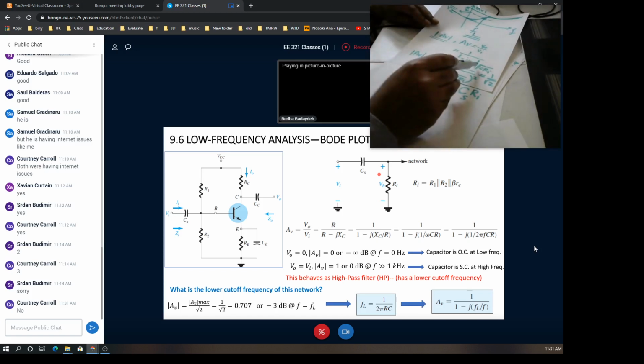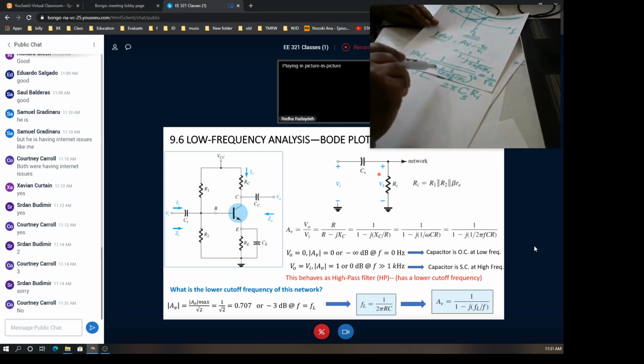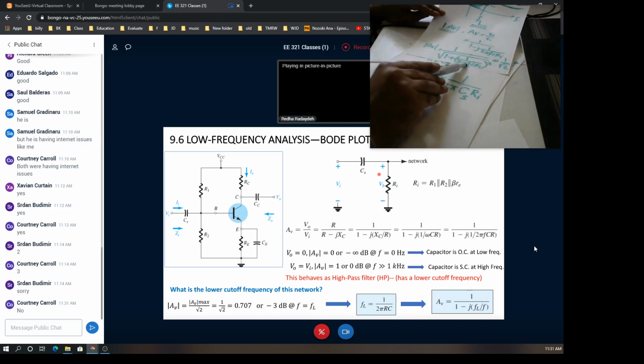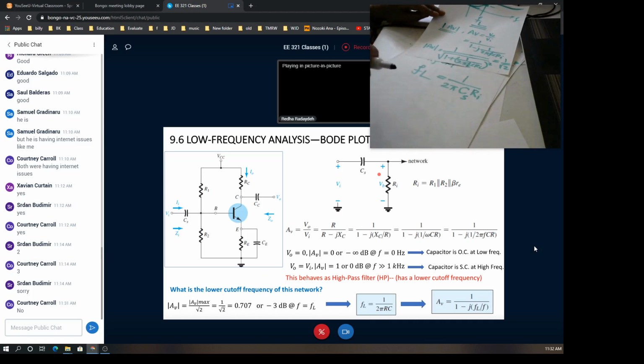Up to here, this is a general value, a general frequency, any F. But when we equate this equation to 1 by square root of 2, the resulting value of F should be exactly the lower cutoff frequency, because we know that at this specific frequency the magnitude of the voltage gain would be 1 by square root of 2. That makes sense. Thank you. Yeah, thank you so much.